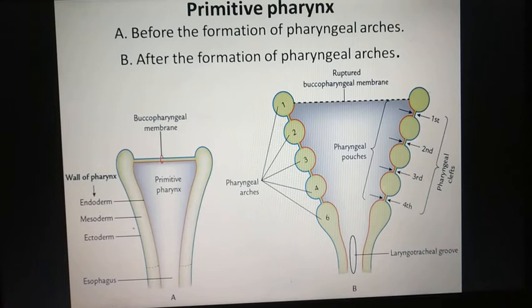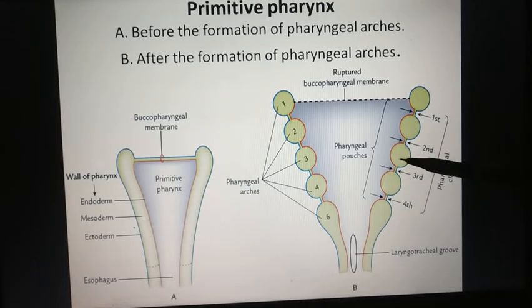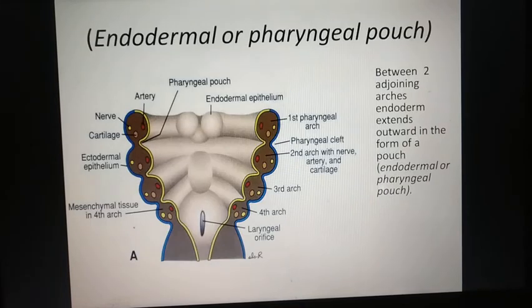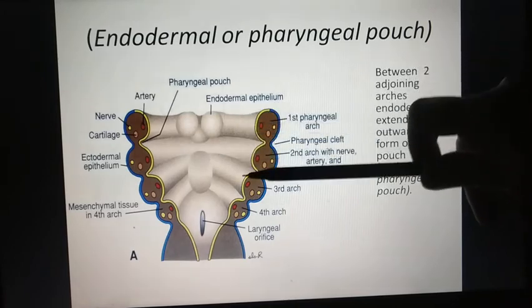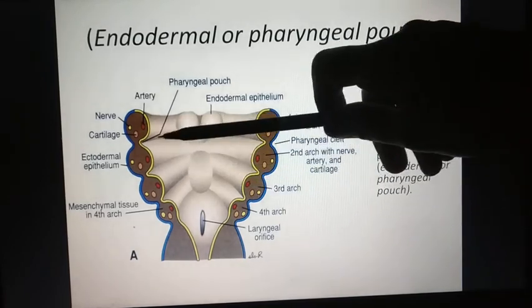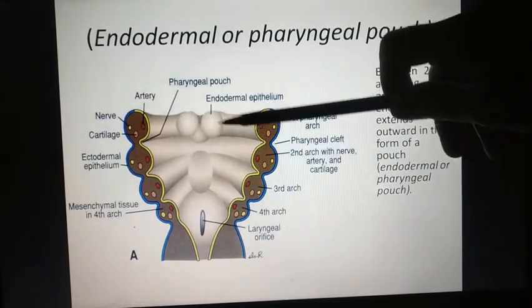So pharyngeal clefts are ectodermal and pharyngeal pouches are endodermal in origin, while the arches develop from mesoderm. This is the cut section of the pharyngeal arches. This is the lateral wall of the pharynx, and this one is the anterior wall of the pharynx.